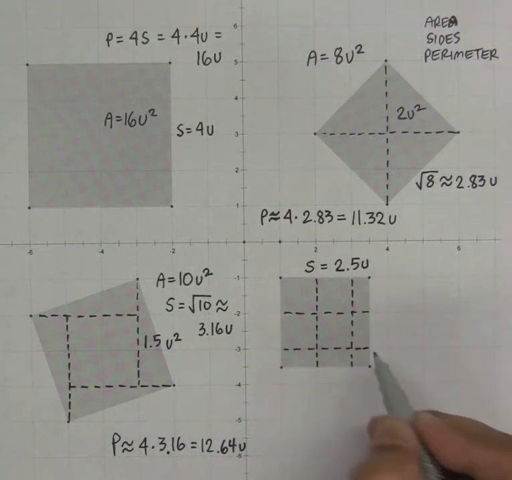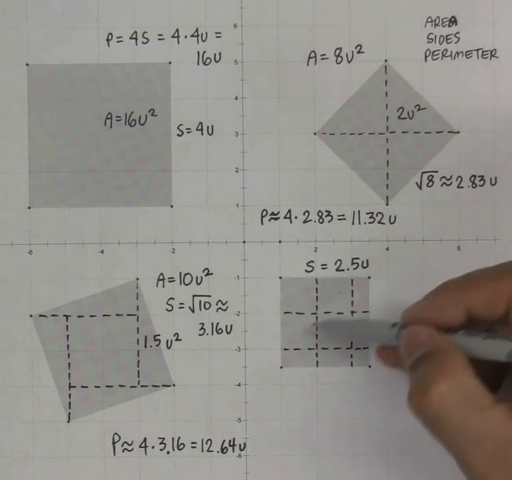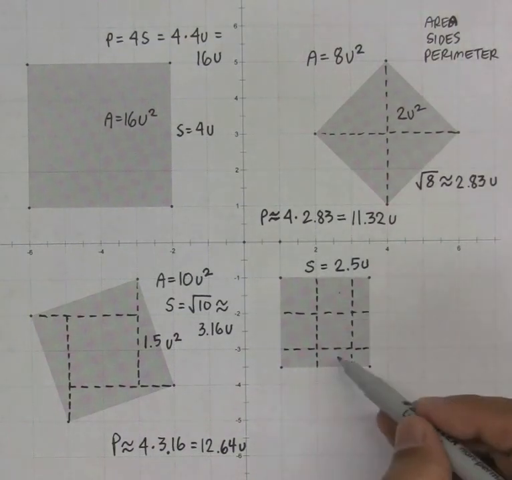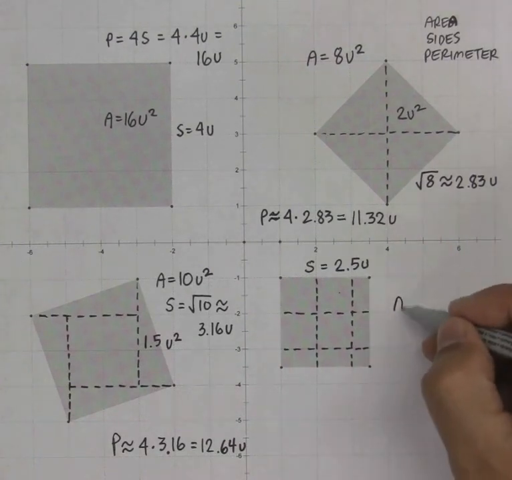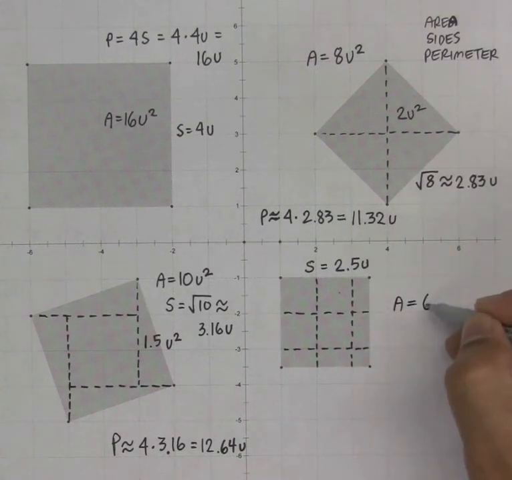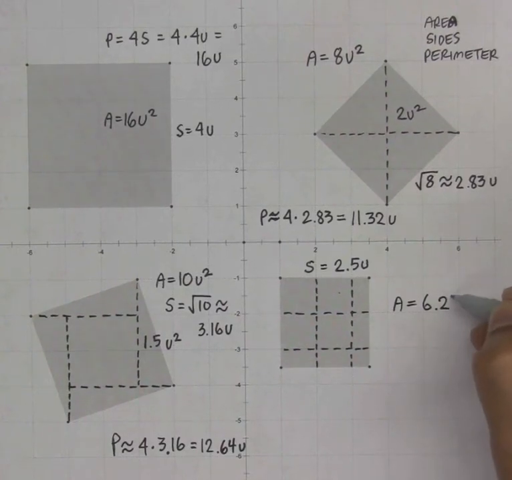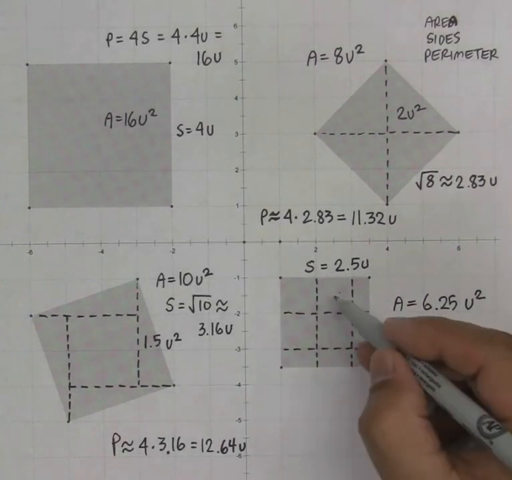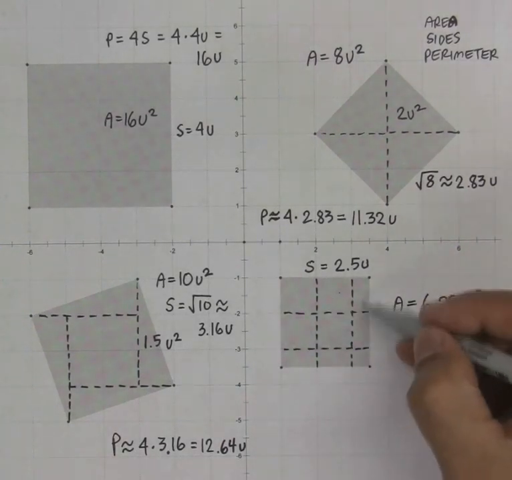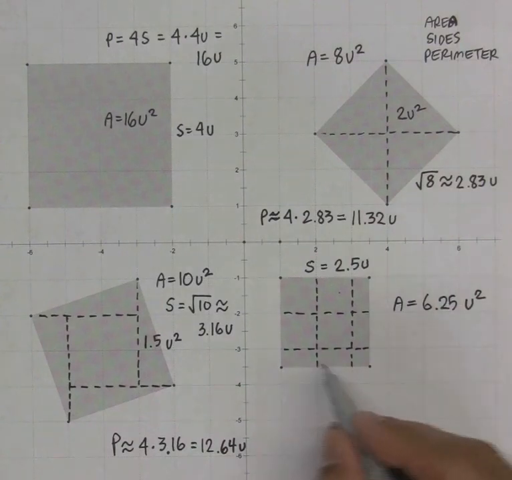So I have 1, 2, 3, 4, 5, 6 and a quarter. The area of this is 6.25 units squared.